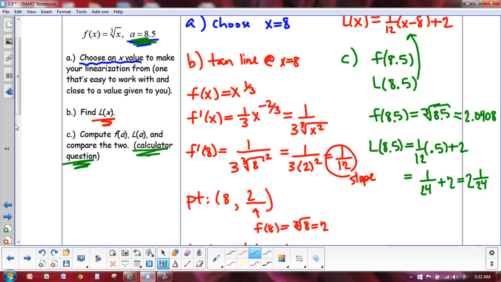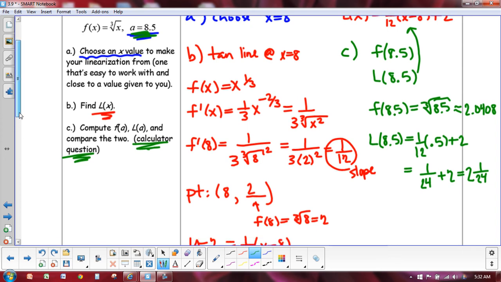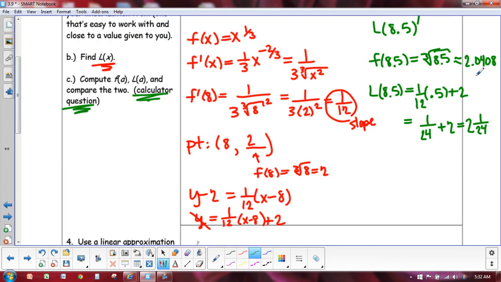So when they're asking you to compare, let's just talk about how far off they are. So notice that they match as far as 2.04, and then they're off. So if they didn't actually come out and say error, as far as comparing, you wouldn't have to be super specific necessarily. We could say that like L of 8.5, think about whether it's an overestimate or an underestimate.